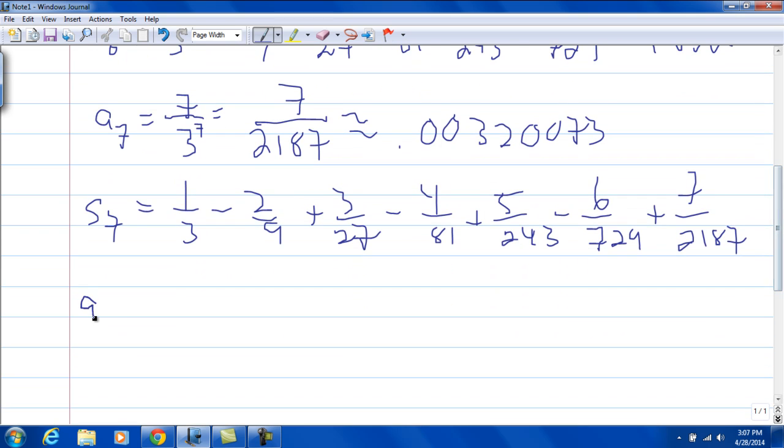What would my A8 be? That would be 8 over 3 to the 8th. This, by the way, would be the absolute value of A8. And that's going to be 8 divided by 3 to the 8th, 0.00121. So that's still more than our tolerance.